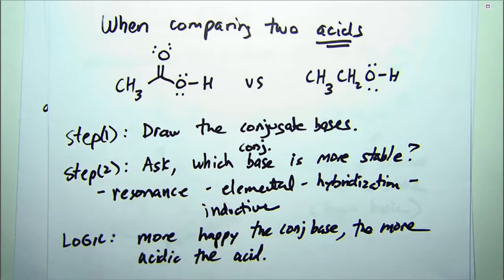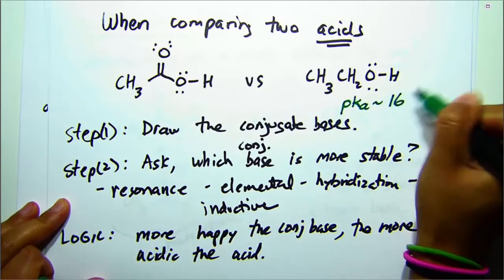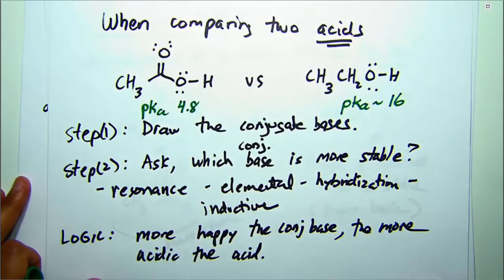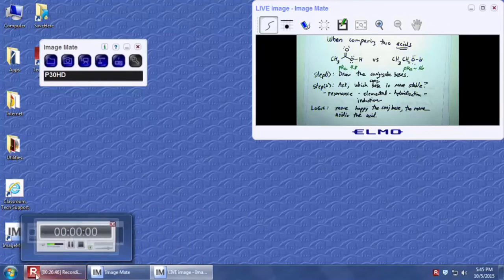And so acetic acid is, in fact, a lot more acidic. And this is also played out if we look at the pKa values, right? So I would memorize some of these. pKa of this one, 16. pKa of acetic acid, 4.8. Okay, so this is always the logic that we're going to use when looking at this idea of comparing two acids.